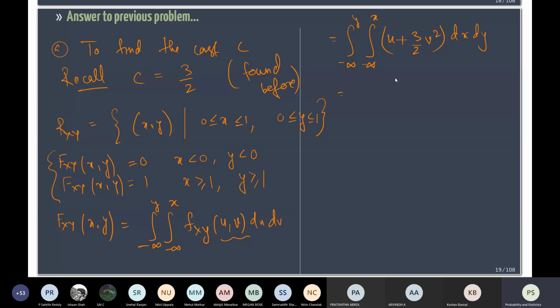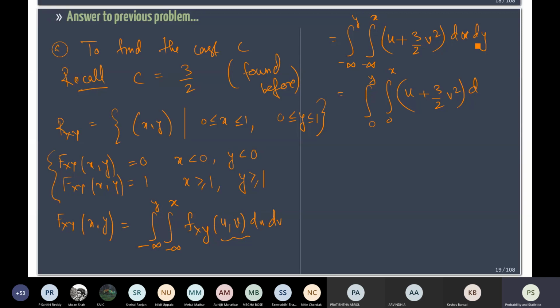The PDF was 0 otherwise, so it makes sense to start from 0 to y and 0 to x here, with u plus 3/2 v squared, du dv.